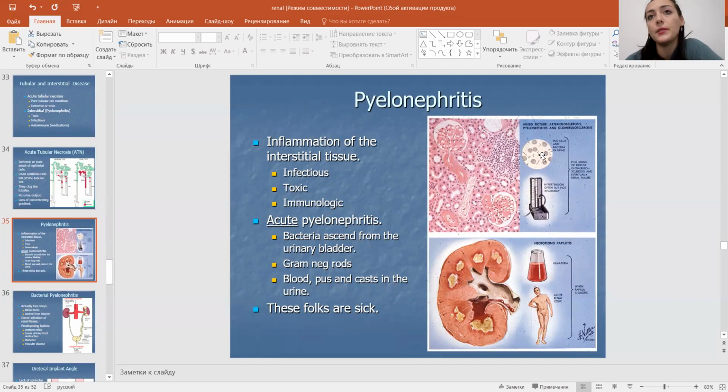You can see a mixed picture, arteriolosclerosis, pyelonephritis, and glomerulosclerosis. In the patients, you can find hypertension, but not invariably.